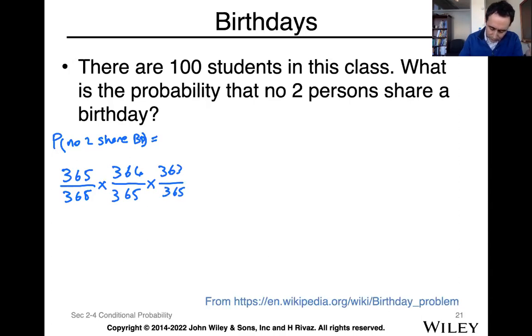And so this was the first person, this was the second person, this was the third person, and we have to keep going all the way dot dot dot to the 100th person, right? Divided by 365. So this is the 100th person.